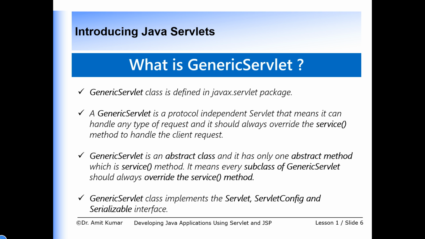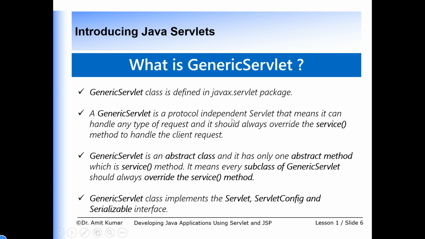Before we start writing the program in servlet, we need to understand what the GenericServlet class is. The GenericServlet class is defined in the javax.servlet package, and it is protocol independent.